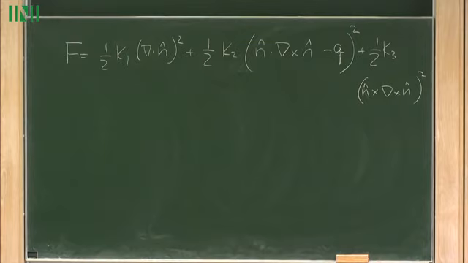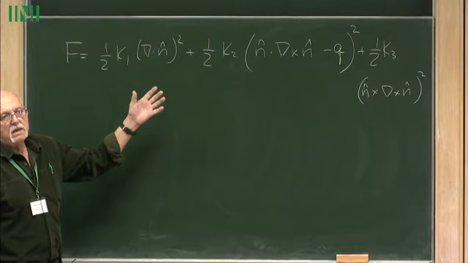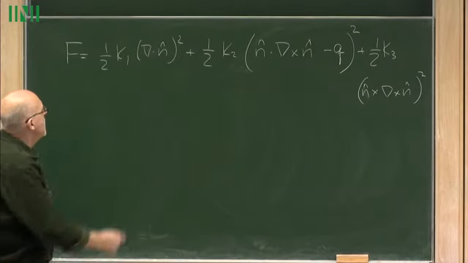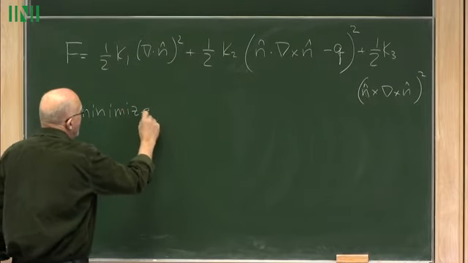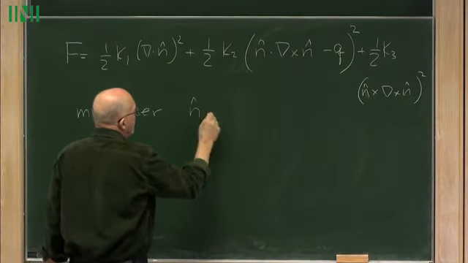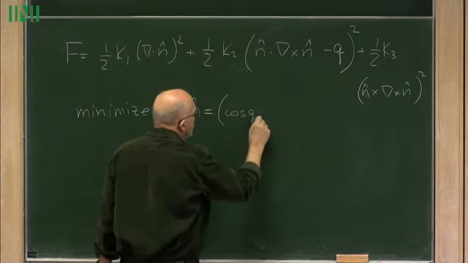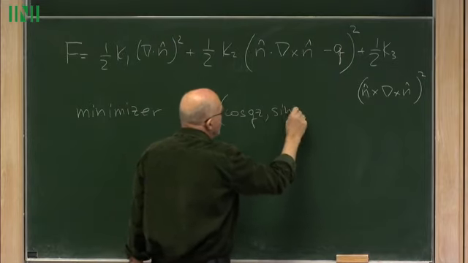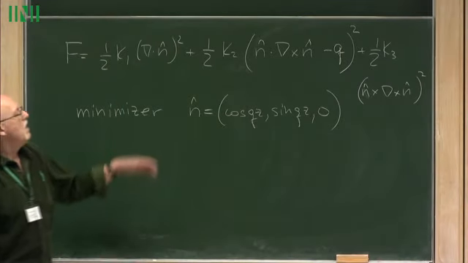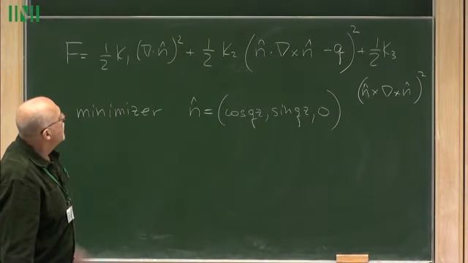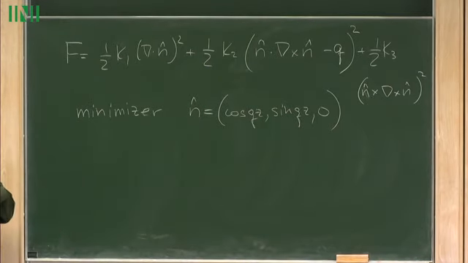And so then you can ask how to minimize this free energy, and it turns out that the minimizer in the appropriate coordinate system just ends up being (cos qz, sin qz, 0). So this is sort of formally how the helical cholesteric structure arises that I mentioned before.